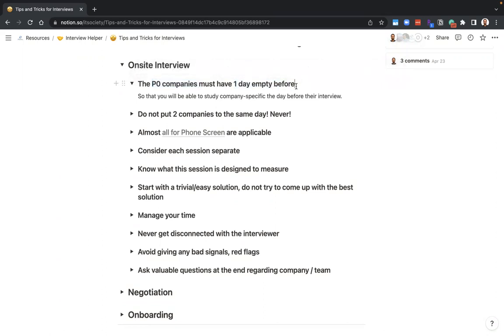Let's say you want to get into Google and you are interviewing with 5 other companies, and you have passed all the phone screens, and you have 5 on-sites to be scheduled. At that time, you have flexibility to select the day that you will attend each company's interview. Do not select consecutive days for the important companies that you want to attend.